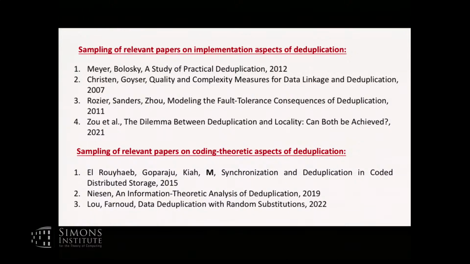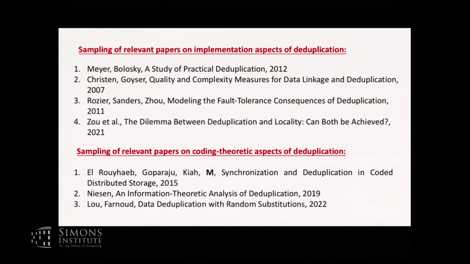Then Neeson published a paper in the IT, in 2019, and it took a compression approach to the problem that deals exclusively with how you model a file, how you model the process of deduplication itself, but there was absolutely no mention of the issues of fragmentation and locality.